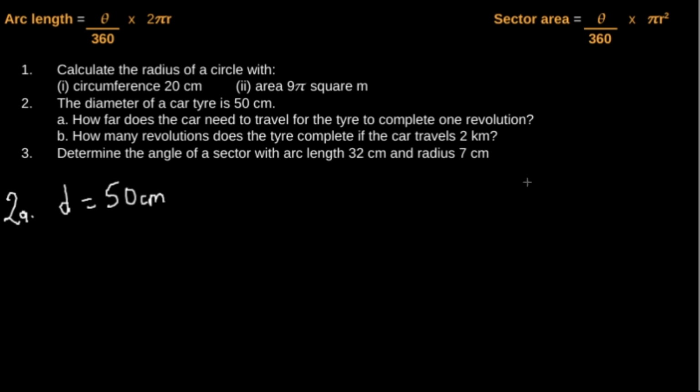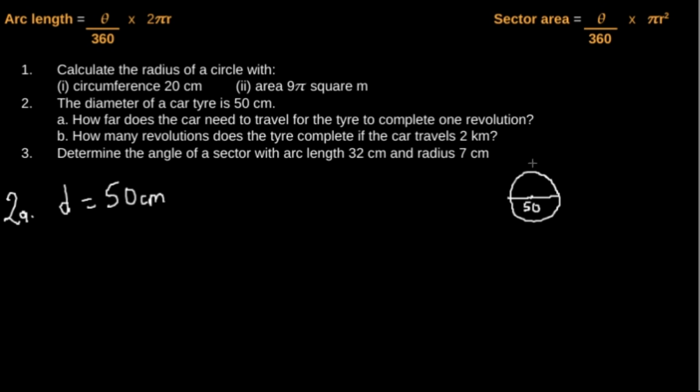Okay, let me see if I can do a quick drawing here. So this is the center of the circle from here to here. Oh, sorry, the whole diameter actually is 50. It's 50 centimeters. And then the question is, how far does the car need to travel for the tire to complete one revolution. One revolution is a 360-degree turn.